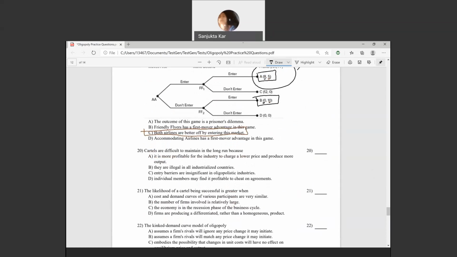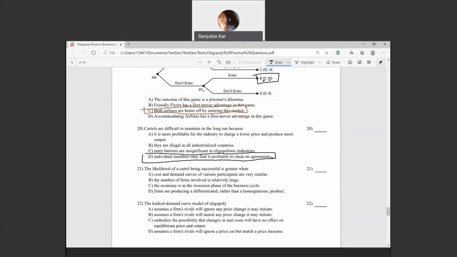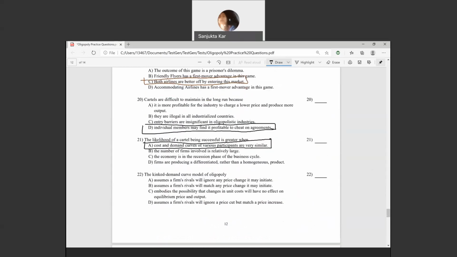Alright, question number 20. Cartels are difficult to maintain in the long run because people want to cheat on agreements. Question 21. The likelihood of a cartel being successful is greater when cost and demand curves of various participants are very similar. 22.